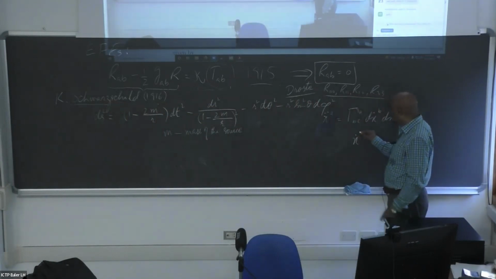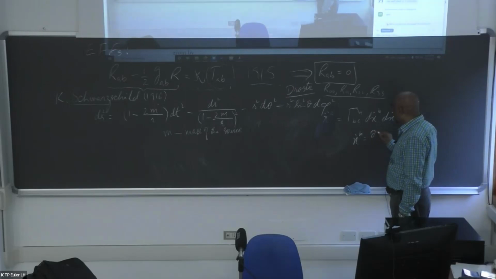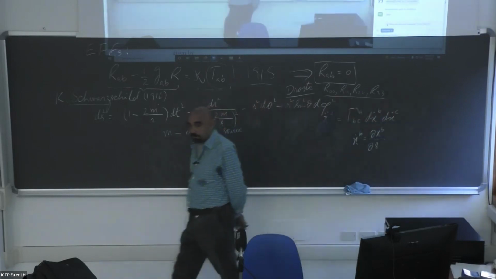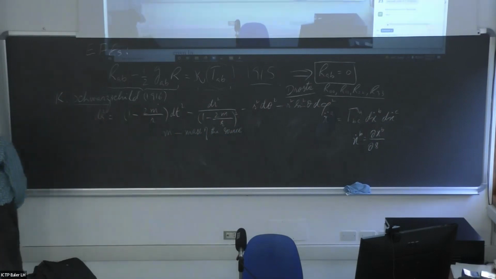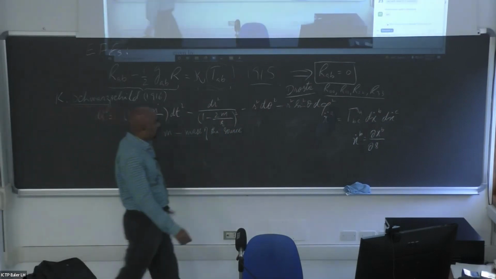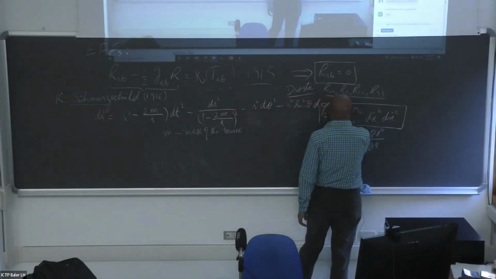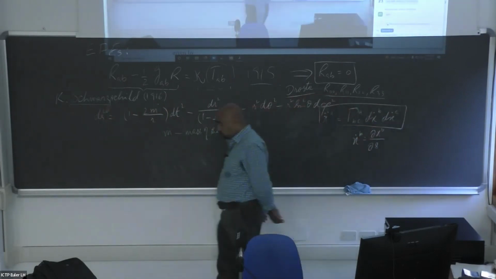X dot b, for example, means dx^b by ds, the derivative with respect to the arc length parameter s. This is also the equivalent of the equation of motion in Newtonian physics.